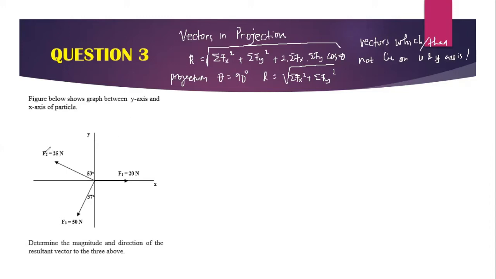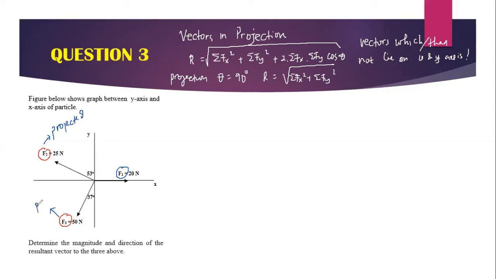This one, F2. F2 doesn't lie on the x or y axis. F3 doesn't lie on the x and y axis. But F1 here, students, F1 already lies on the x-axis. So F2 should be projected.